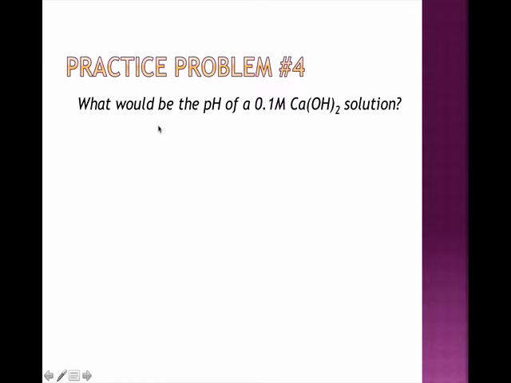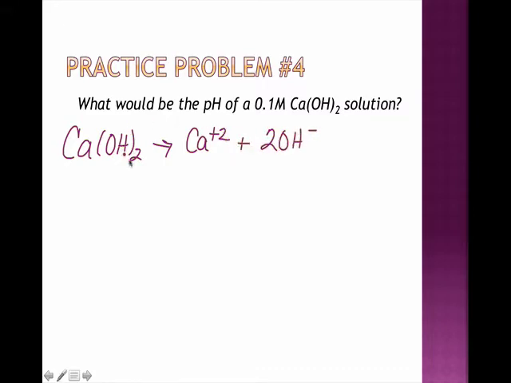The second problem that we're going to do with these bases deals with calcium hydroxide. So again, I start with what I've got, which is the calcium hydroxide. When it breaks up into its ions, it's going to give me 1 calcium ion, and it's going to give me 2 of the hydroxide ions, because we have a 2 outside the parentheses.